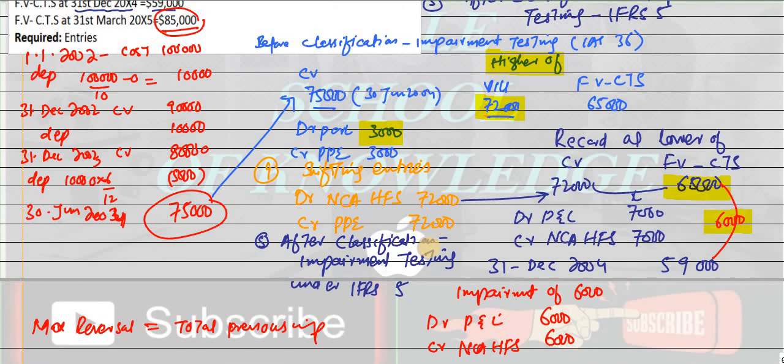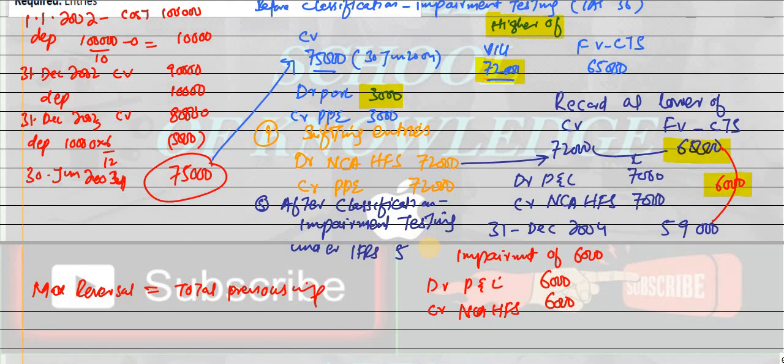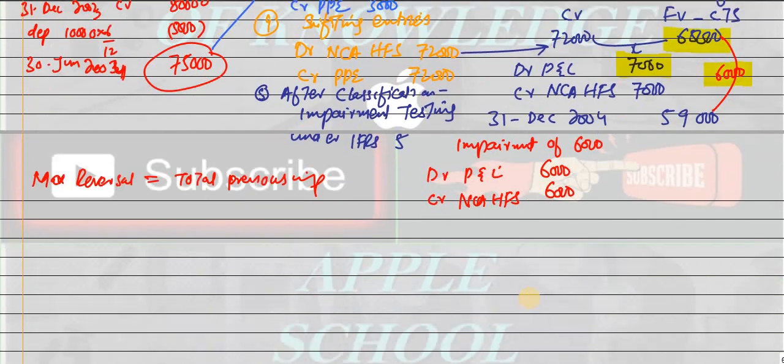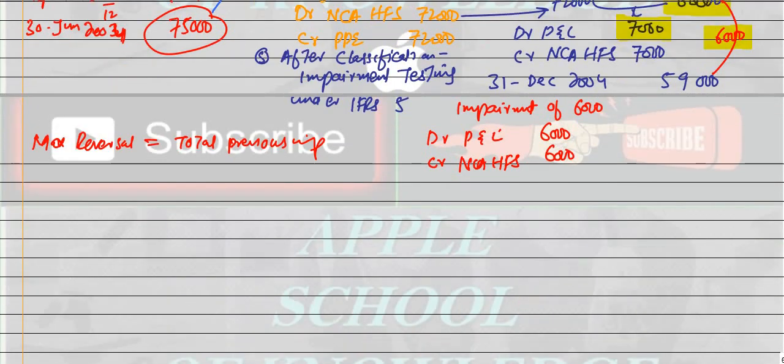3,000. Then here 7,000 and 6,000. So the total impairment is, okay, here 3,000 plus 7,000 plus 6,000.